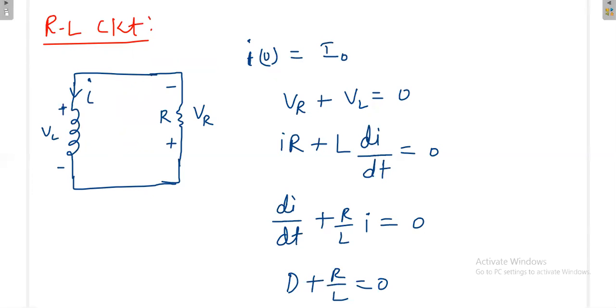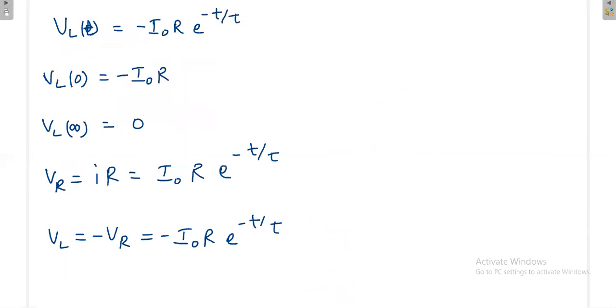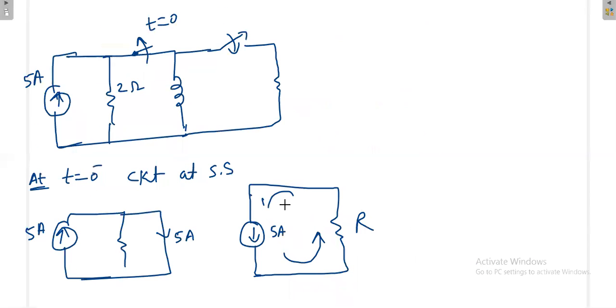The same current will flow here also. Again we took the inductor like this, but the current is coming like this, but at any point of time the voltage is like this only. Finally the conventional current is going like this.